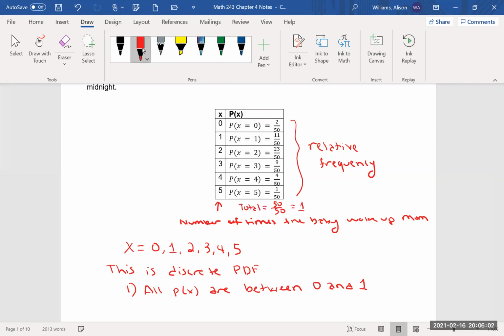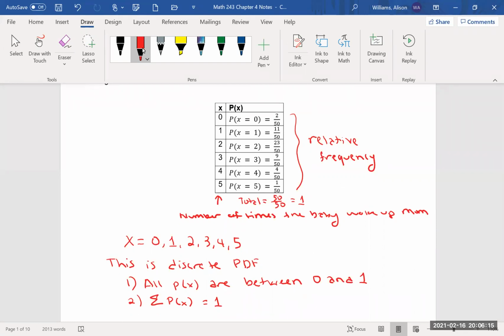So the sum of the probabilities is 1. I'll write that using summation notation: the sum of the probabilities, P of X, equals 1.